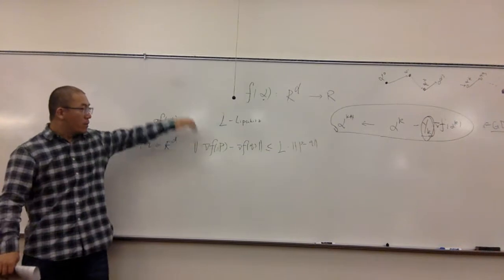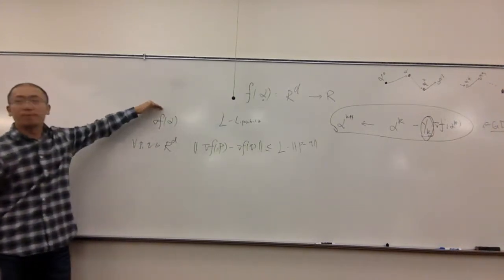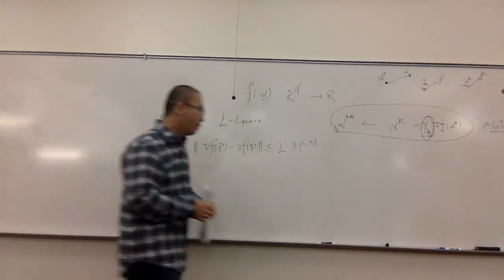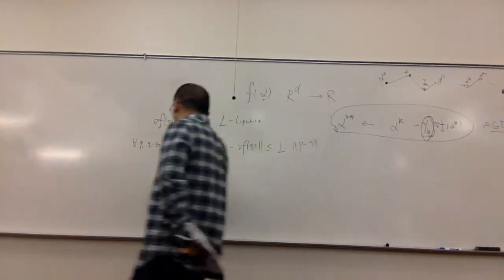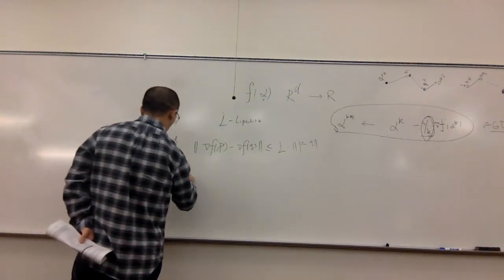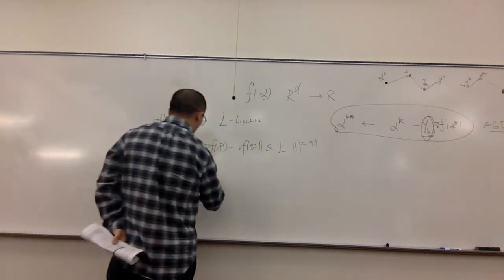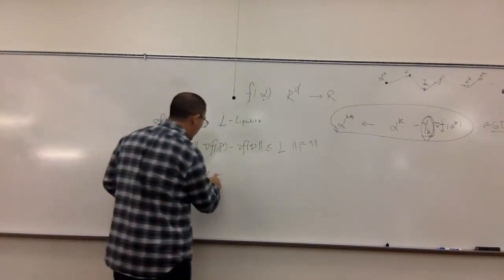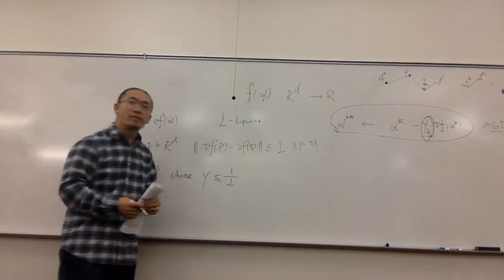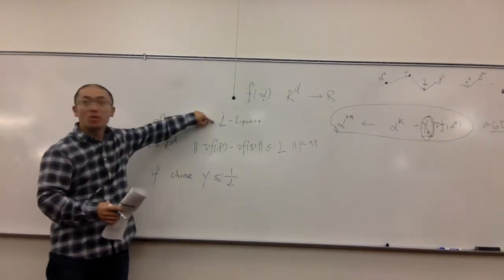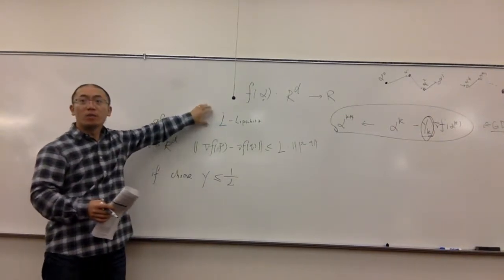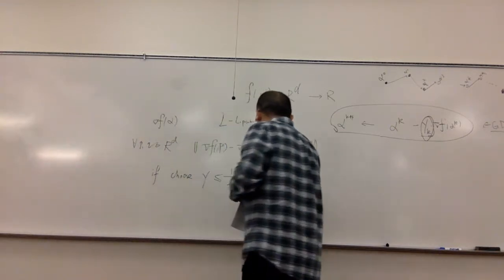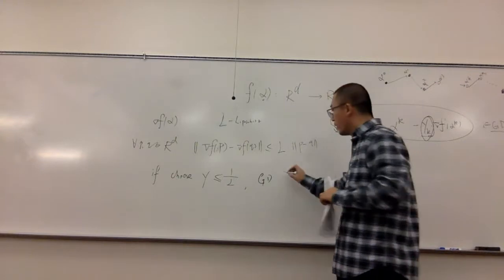So if the gradient of the target function is L-Lipschitz, then if you choose a constant step size gamma to be less than or equal to 1 over L, where L is related to the Lipschitz property, then we can guarantee the gradient descent framework converges.